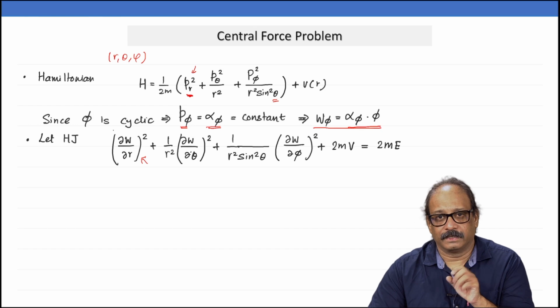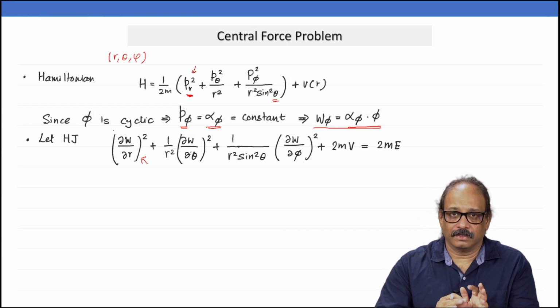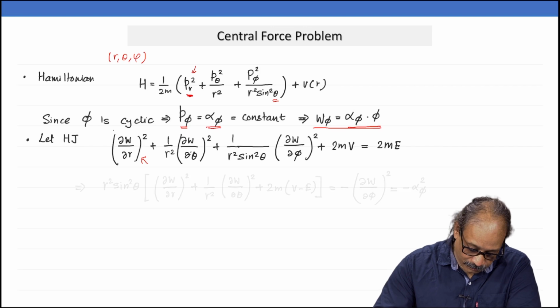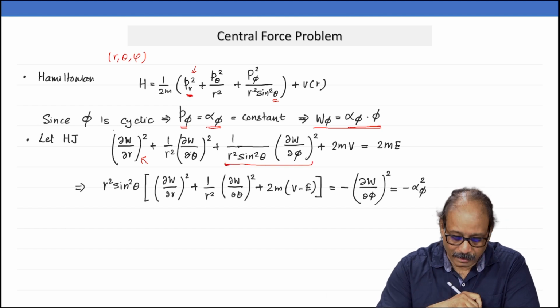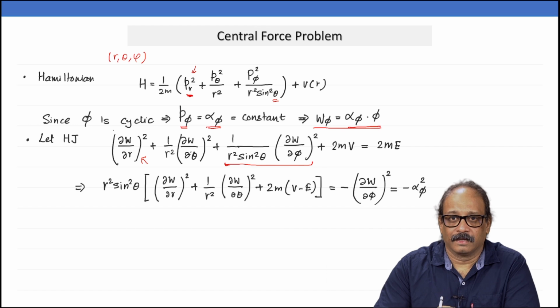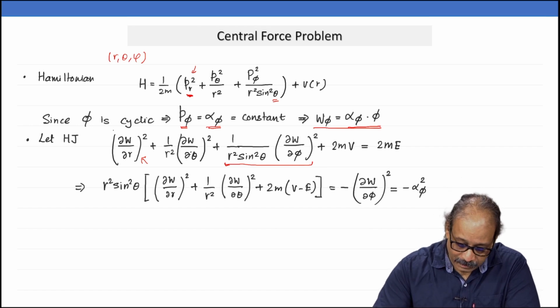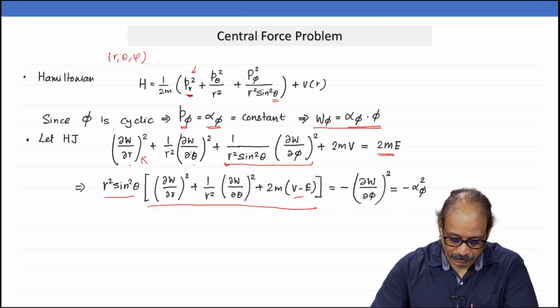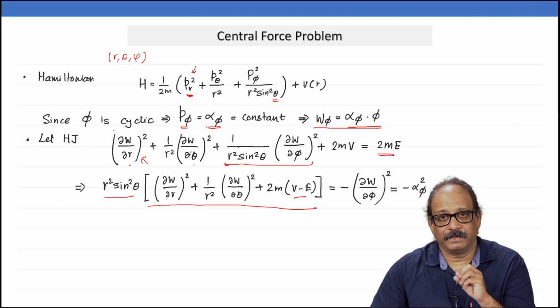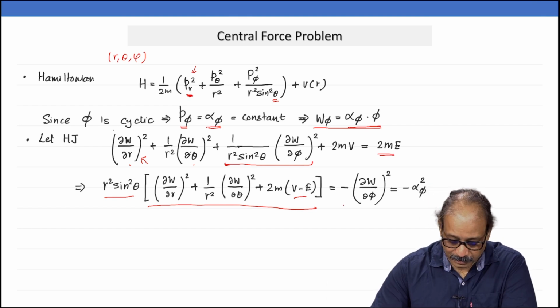What I am going to do is rearrange this equation in such a way that all the phi terms are on one side. So, write it like this: take this term to the right hand side and take this r square sin square theta back to the left hand side, and then take this 2m also to the left hand side, leaving you with r square sin square theta into all these terms as they are, and there will be 2m V minus E, and this will be equal to minus of del W by del phi squared.